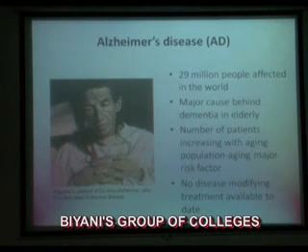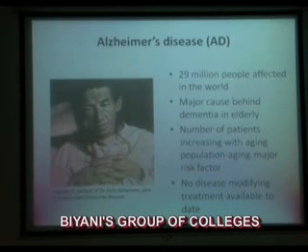So in Alzheimer's disease, now you might recognize a few things that the previous speaker talked about, but it's a serious disease. Around 29 million people are affected in the world, and it's the major cause behind dementia. The main risk of developing the disease is aging.